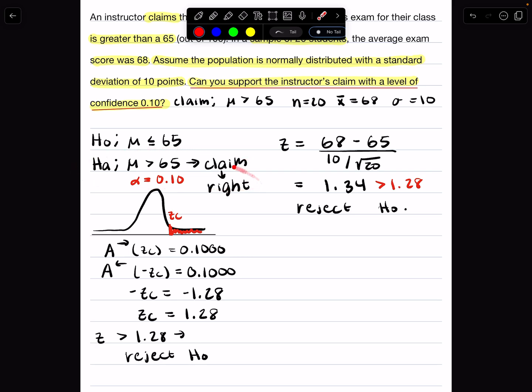So what does that tell me about the alternative? Well, that means we can support the alternative. So what's our conclusion?